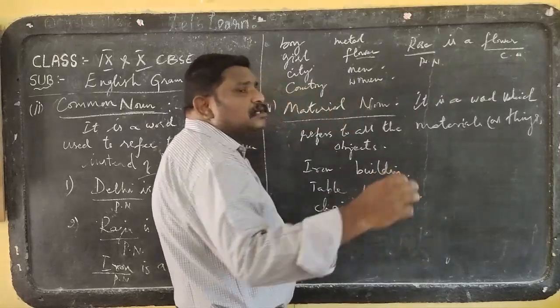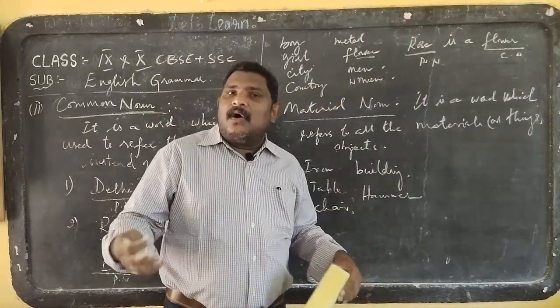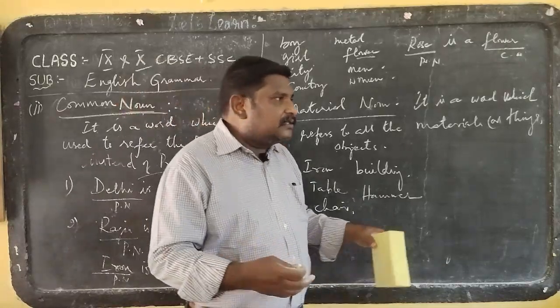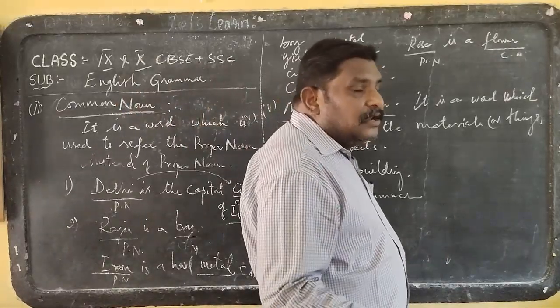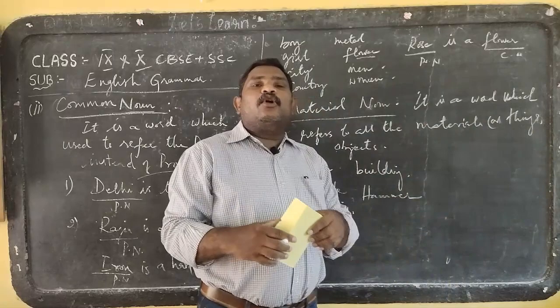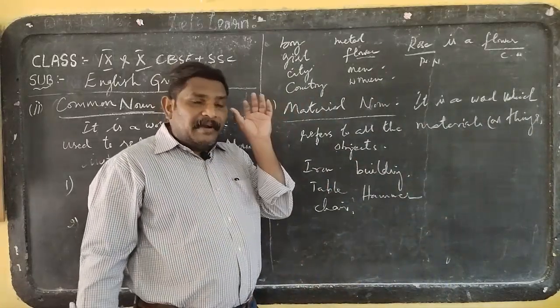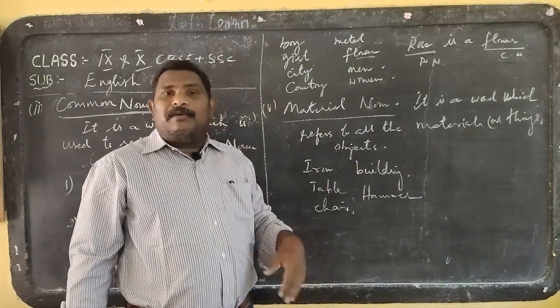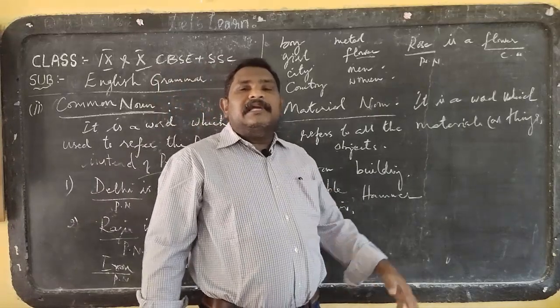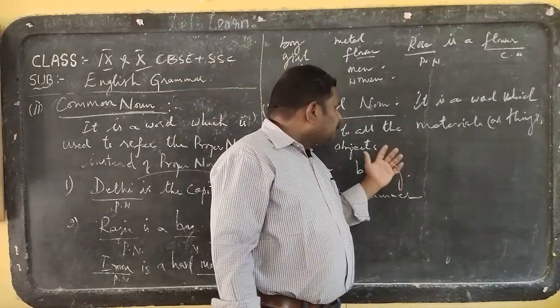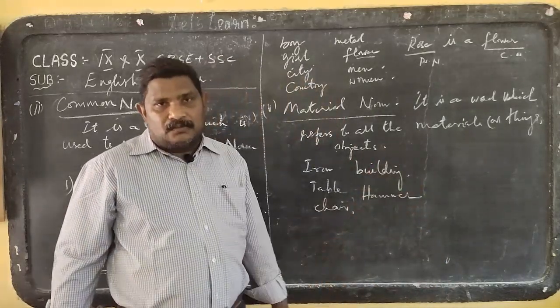All the things which are related to material. Not only objects, it could be any material. It could be material in powder form, or in liquid form, all that material falls under material noun.